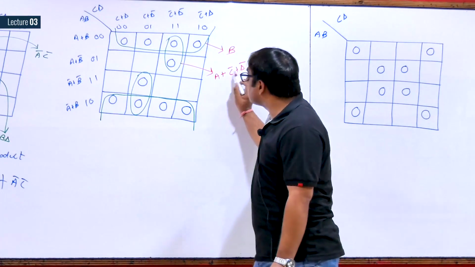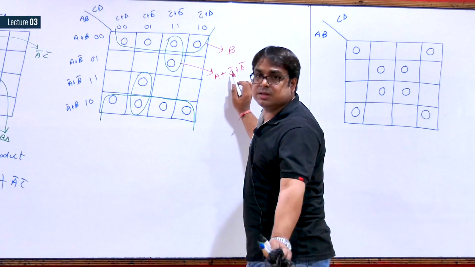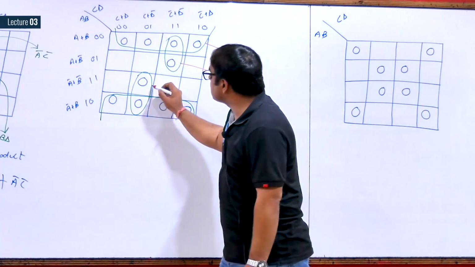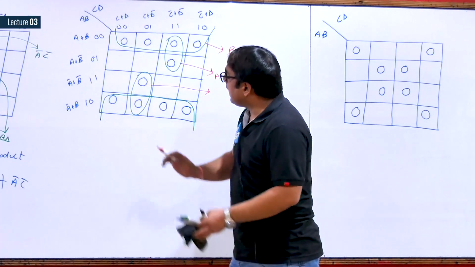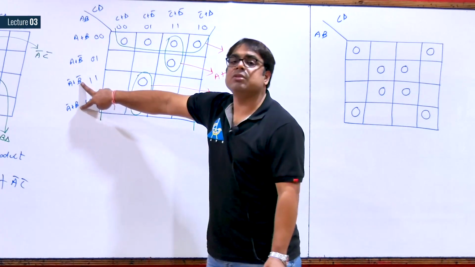I am writing in this sum form. In POS, individual terms are sum terms. Now this square: among A and B, B complement and B will reduce.